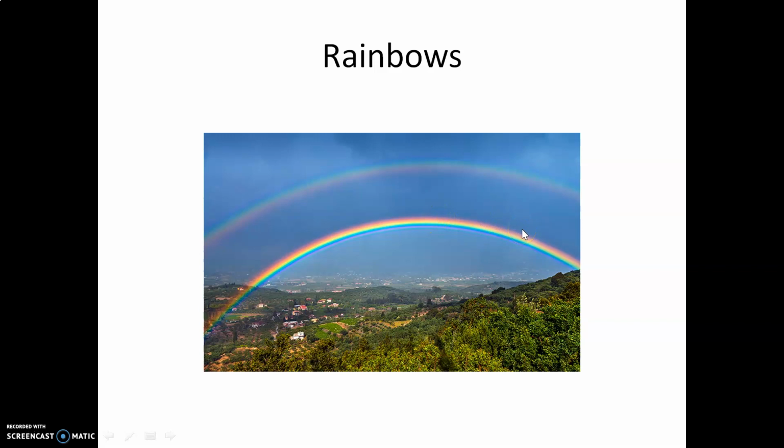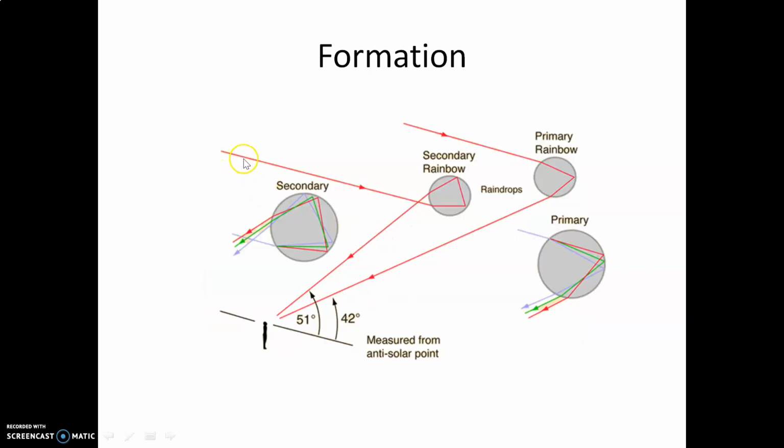Okay, now here's what's happening in the secondary. You've got white light coming in from the sun like so. It then starts to disperse in this water droplet right here. And then you have two total internal reflections that occur, and the light eventually refracts out of the water droplet like so. Notice that the order of colors here is reversed in the secondary as opposed to that of the primary when the light emerges from the water droplet.